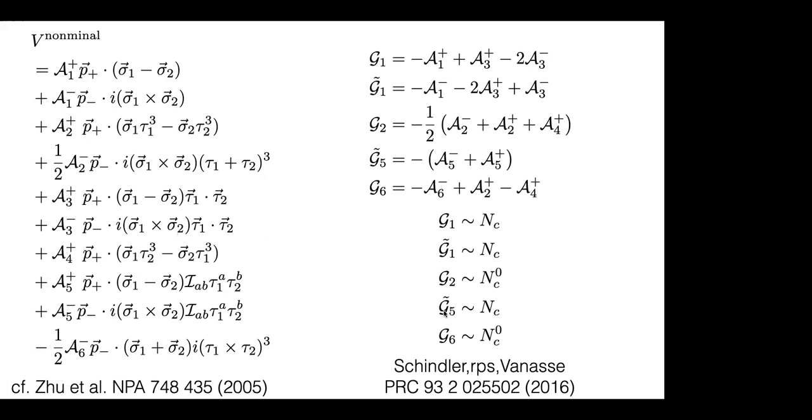And so the correct scaling, when you don't fall into the Fierz trap, is that there's not just one leading operator in the dual expansion, but in fact there are two. Here it looks like there are three, but notice that G1 and G1 tilde, the largest in NC scaling, are actually related to one another.